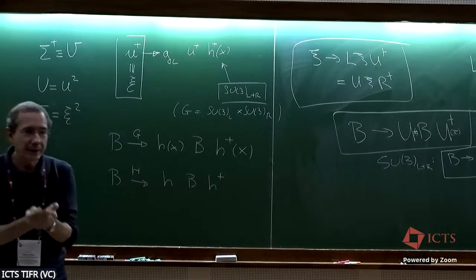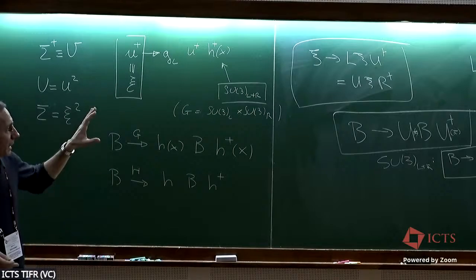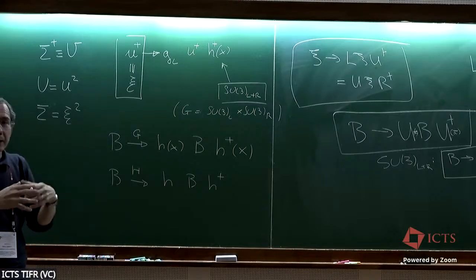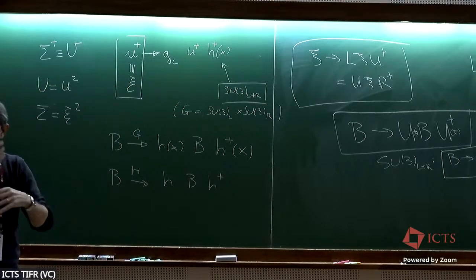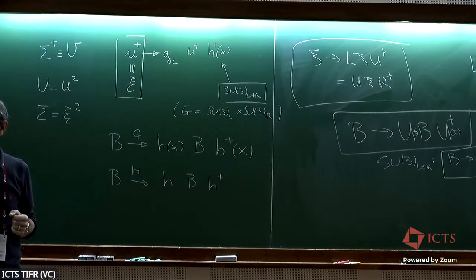So if I take my baryon, then a combination of baryons plus pions can transform either as left-handed or right-handed or any type of thing I want, provided I do the right combination.